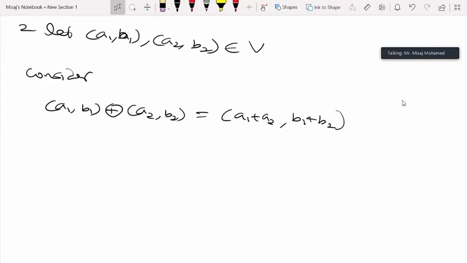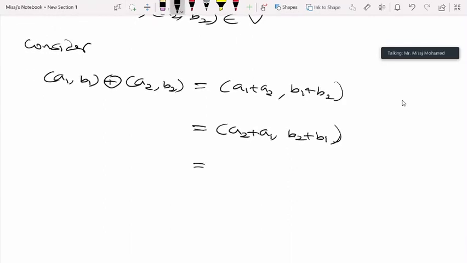It should be equal to (a2 plus a1, b2 plus b1), since these are real numbers. Then that is (a2, b2) plus (a1, b1).